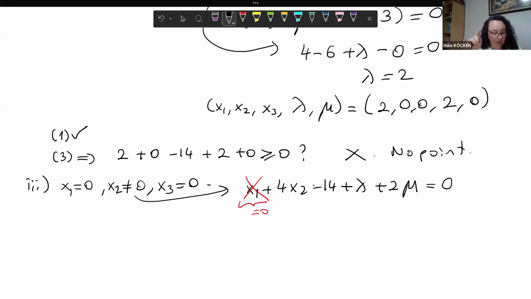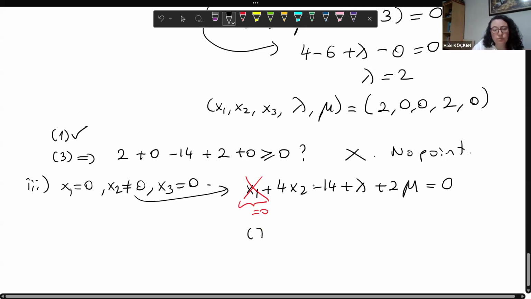I'm focusing on my equalities. 2 is satisfied already. I cannot write anything. 4, I write 4. 6 is satisfied already. 7: by the 7, x2 is equal to 2.